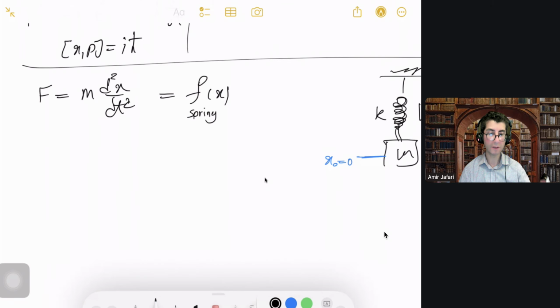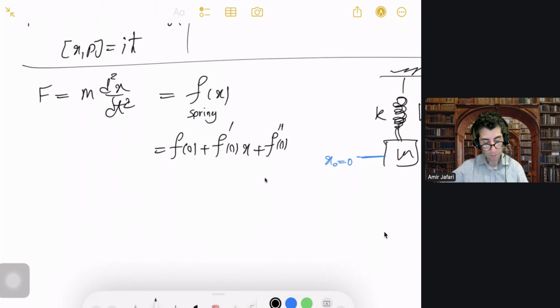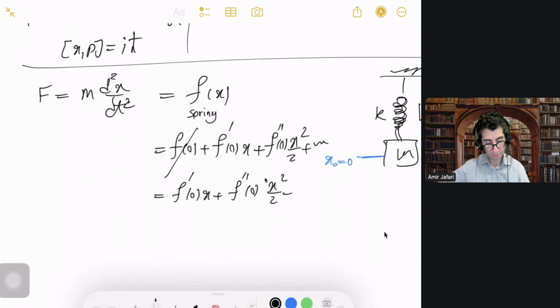Again, I have to write on the left-hand side so you can see it, this spring's constant. So you can see that I have this Taylor series for my force. You Taylor expand this unknown force exerted by the spring. And because in equilibrium there is no force, this should vanish. And so this is going to be something like this, right? I'm just repeating this to be extra clear.